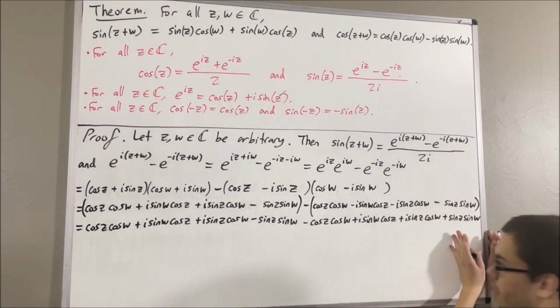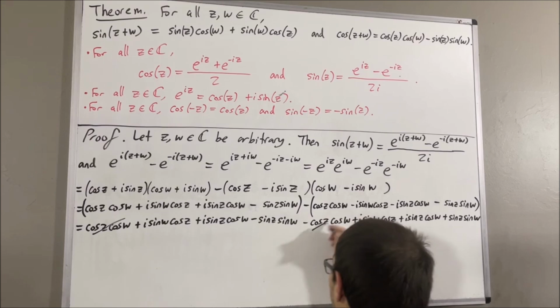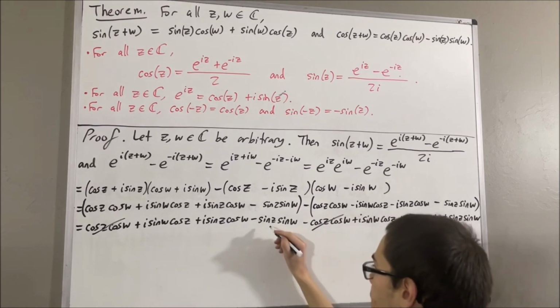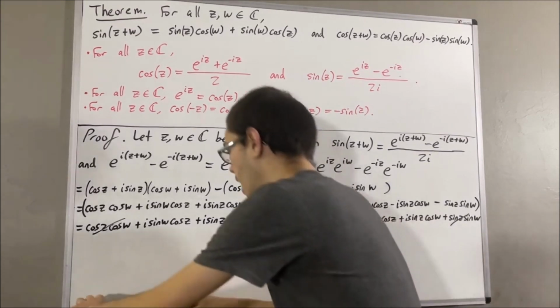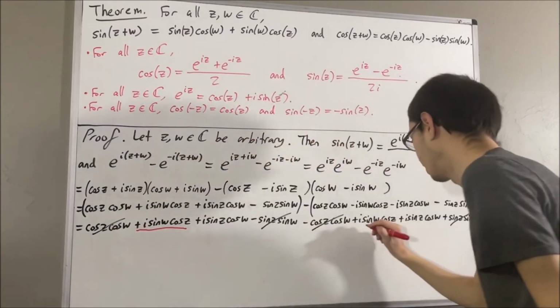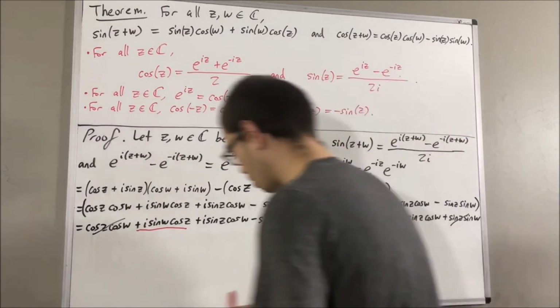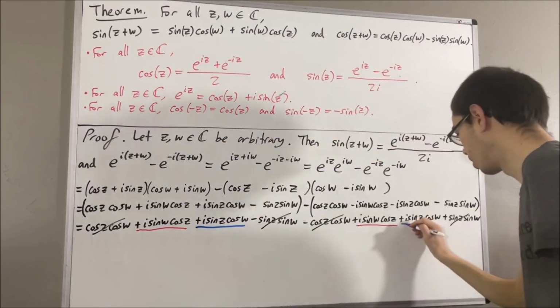And we get this. Now notice, the cosine z cosine w cancels out, and the sine z sine w cancels out. And we also see that i sine w cosine z combines together, and i sine z cosine w combines together.